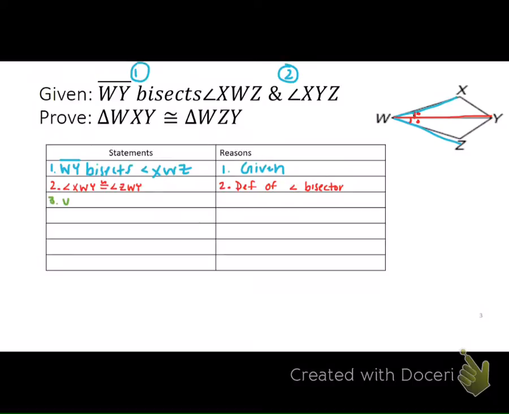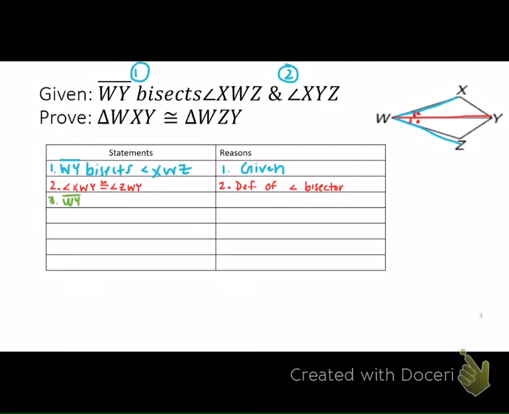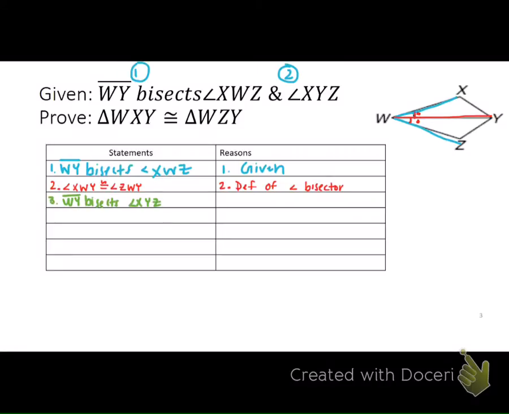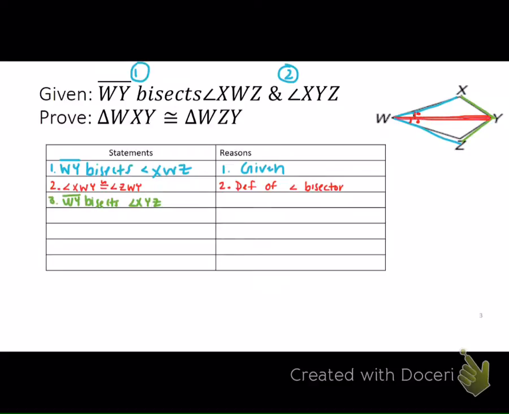So we also know WY bisects angle XYZ. So angle XYZ is this green angle here, and WY is still this red part here. So what two angles are congruent?